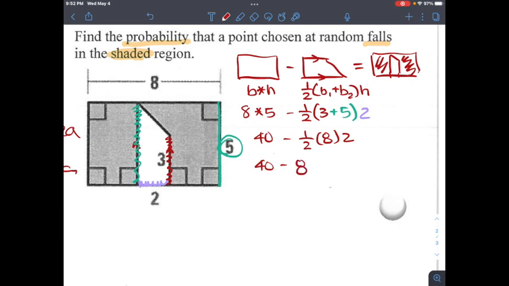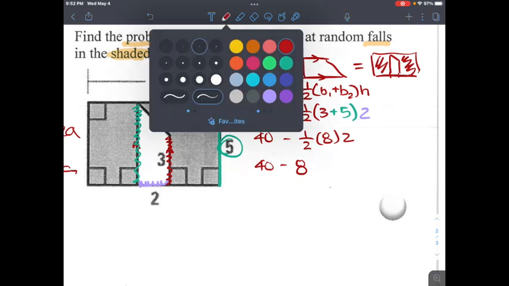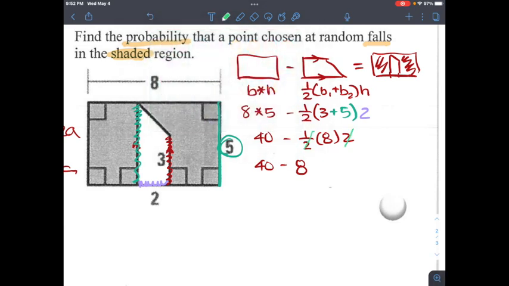Or you can even just say, oh, wait a minute, isn't this just canceling out? Sure. Either way is totally okay. So now you can simplify a little bit more, and that is going to be just 8. So in this case, the shaded area is just 32.